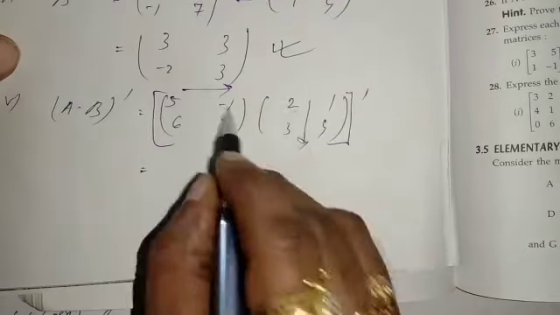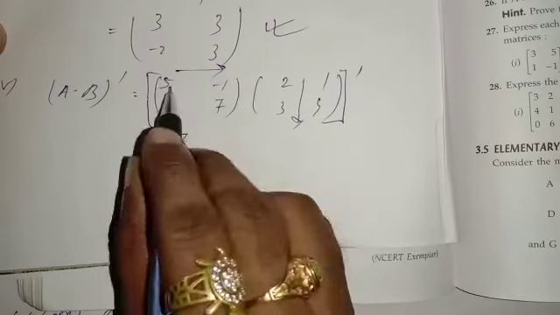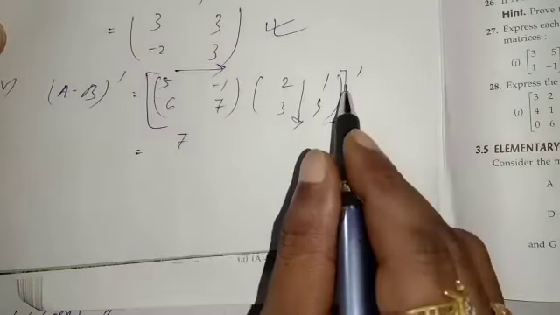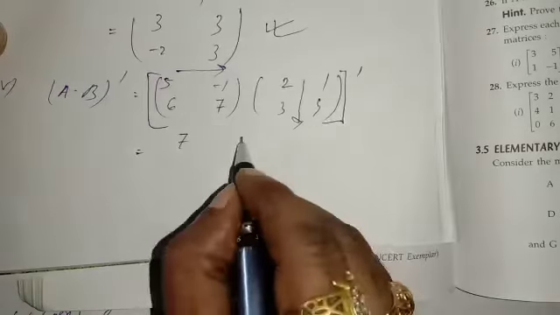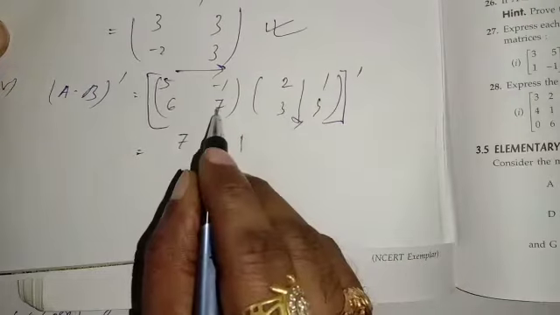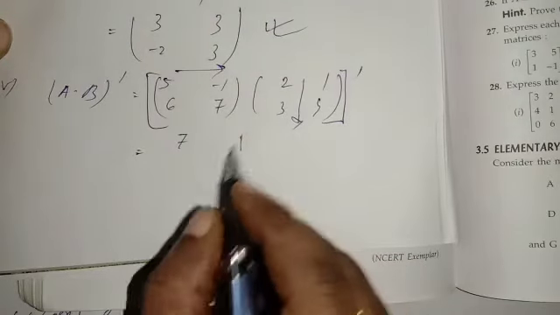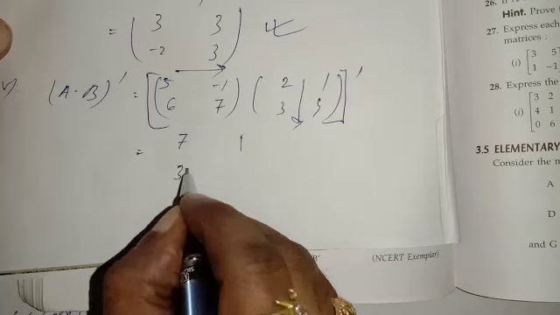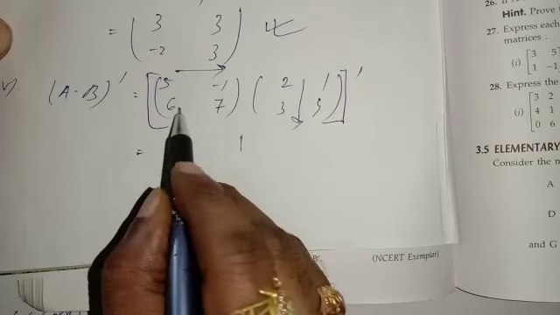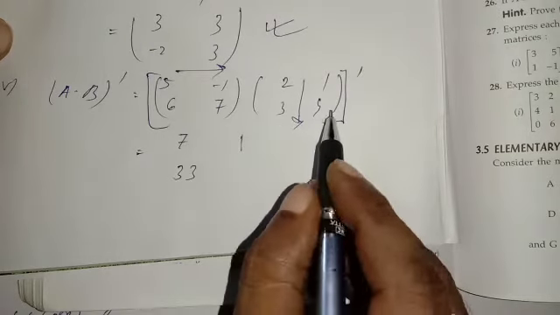After that, 10 minus 3 will be how much? 7. Then same, first row with second column, 5 into 1, 5 minus 4, that is 1. Again second row, 6 into 2, 12 plus 21, that means 33. Next one, 6 into 1 is 6 plus 7 into 4 is 28.